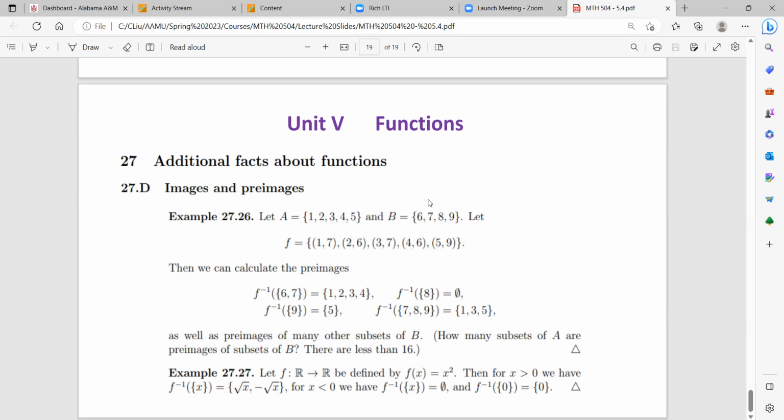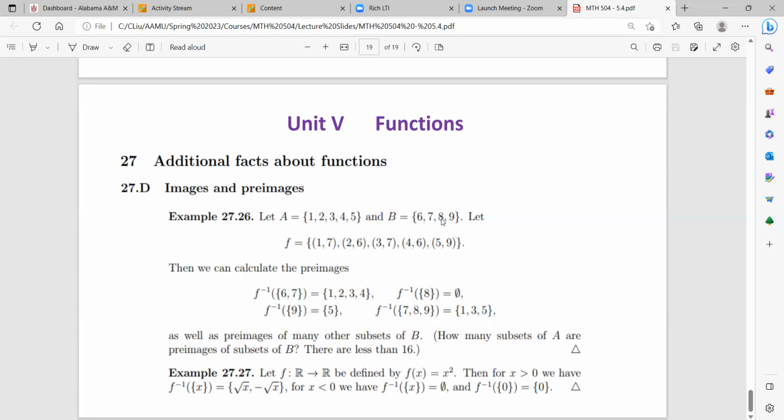So the question is how many subsets the set 6, 8, 9 can give. And then of course for those 3 numbers you can always find a pre-image in the domain.